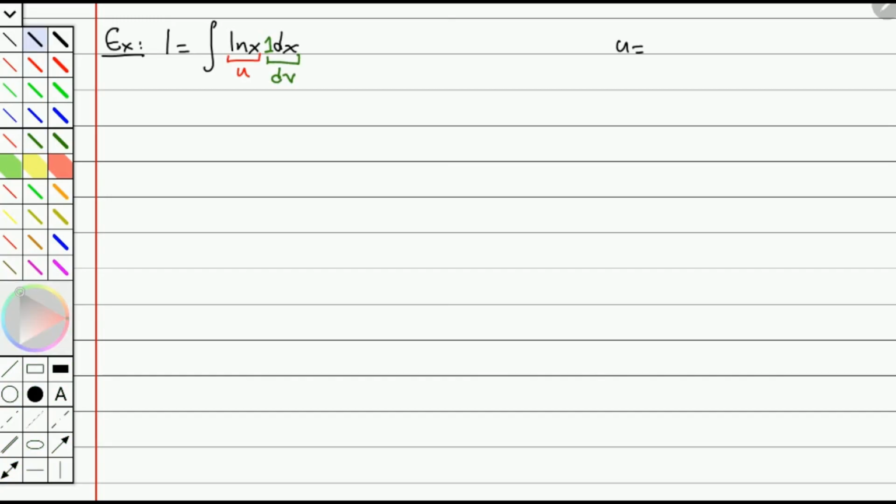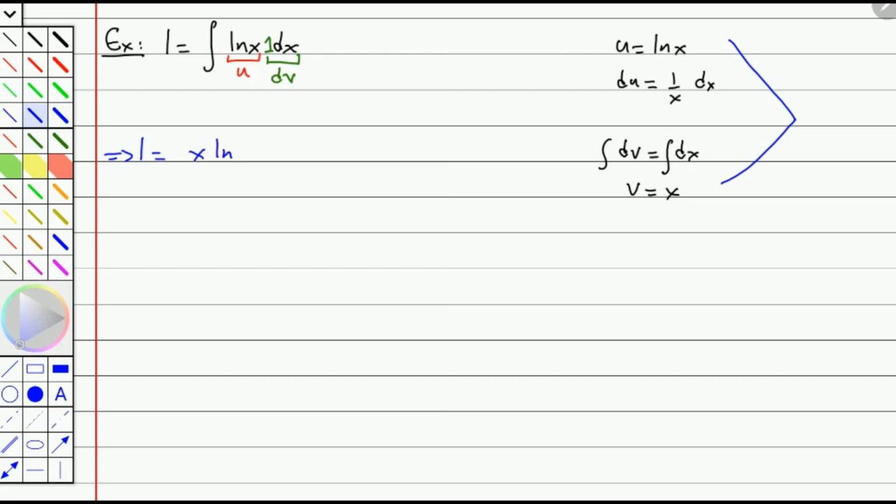So u is ln of x, du is 1 over x dx, then dv is dx, then we integrate and we have v equals x, and let's go ahead and use them. I is equal to u times v, which is x ln of x, minus the integral of v times du, which is x times 1 over x dx.